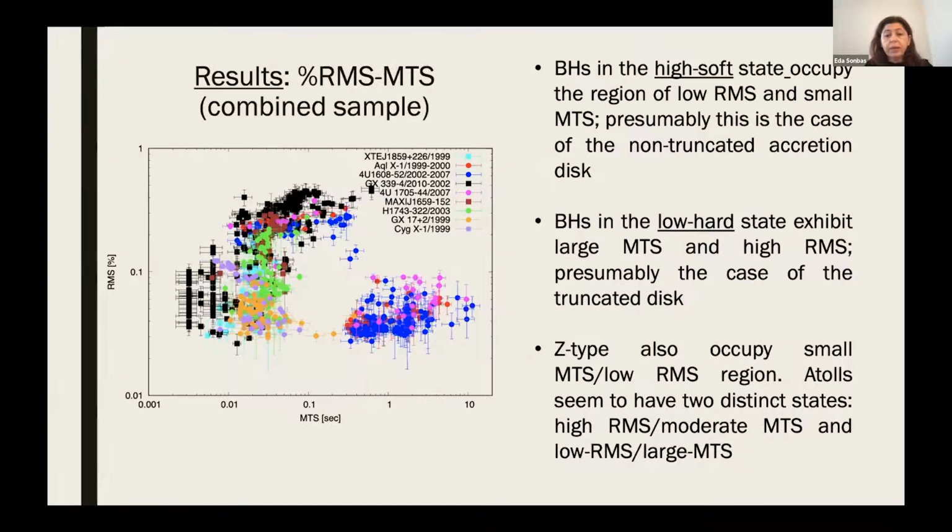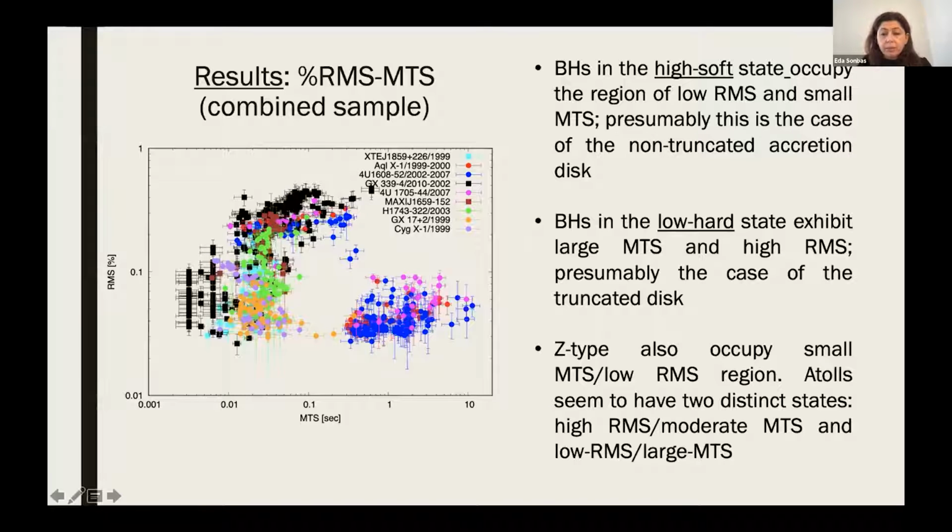When we combine these 2 samples, you see the black holes in the high soft state region have low RMS and small MTS, and this may be related to a non-truncated accretion disk.